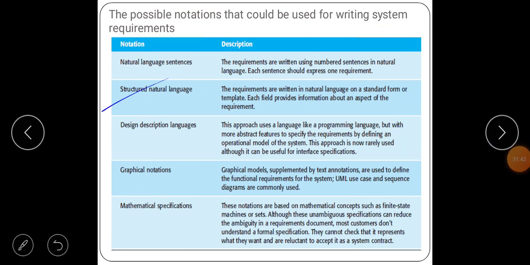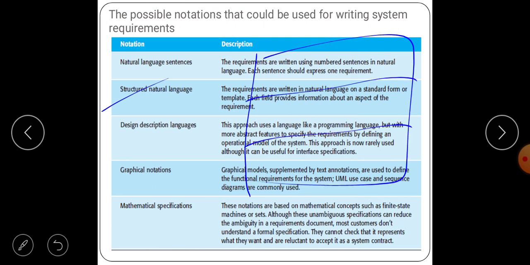Next one is structured natural language. The requirements are written in natural language on a standard form or template. Means using some tables like this, we are going to write the requirement in our natural English language.